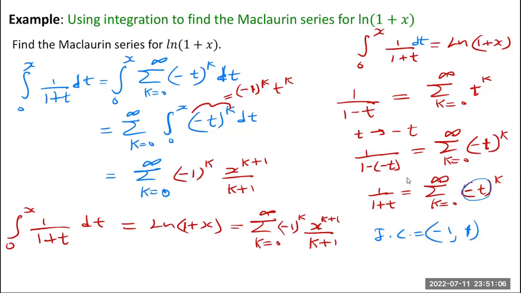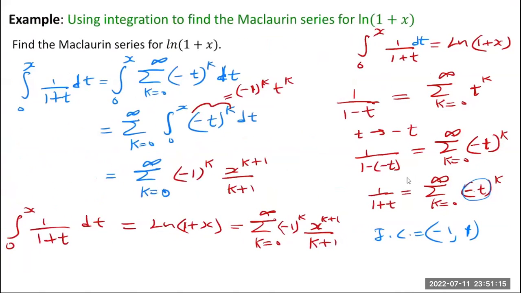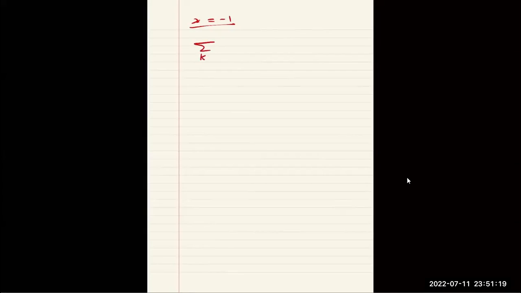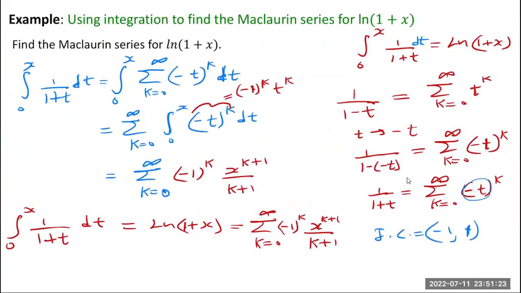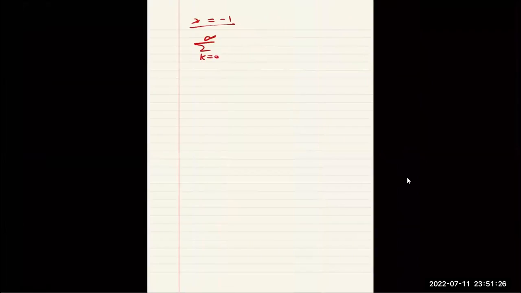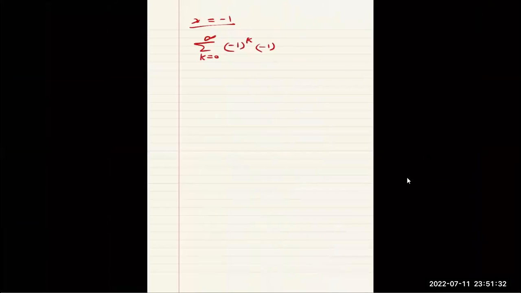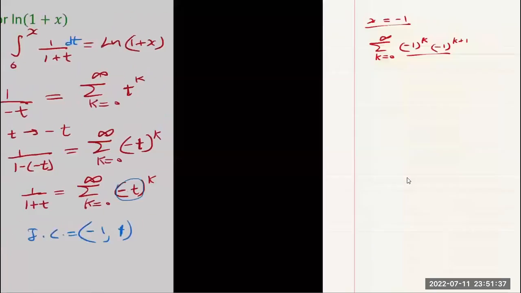So let's do that as a separate analysis. When x is equal to minus 1, you plug in x equals minus 1, and the series becomes sigma k goes from 0 to infinity of minus 1 to the power k times minus 1 to the power k plus 1, divided by k plus 1.